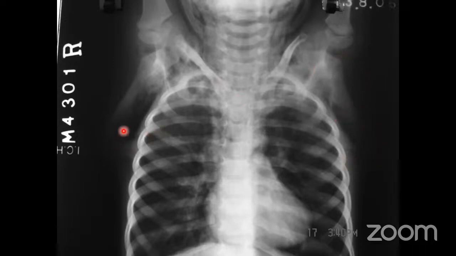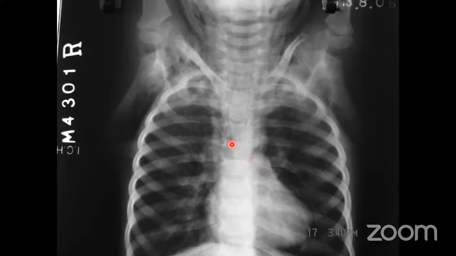So these are soft tissues. What you were seeing, there are multiple radiolucent shadows over here in the neck, in the axilla, and all that. And there is nothing abnormal in the lung fields. So this is a case of air within the soft tissue. So what can it be? It is surgical emphysema.